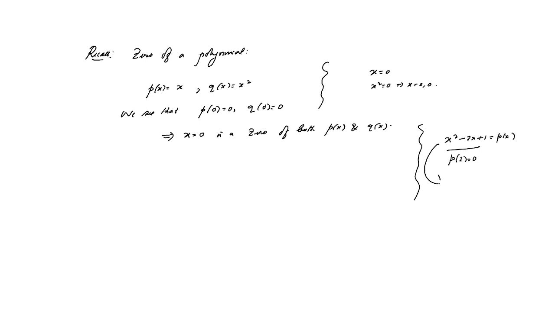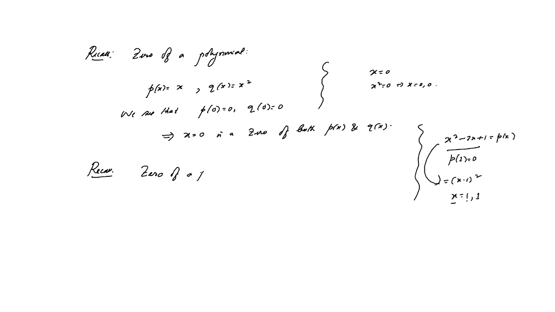But we can write it as x minus 1 whole square. So 1 is a zero, but 2 times.